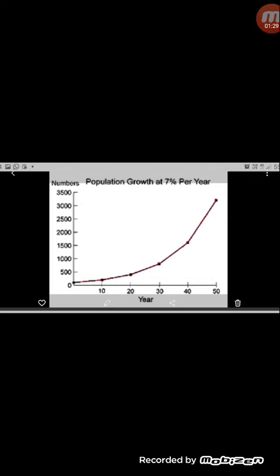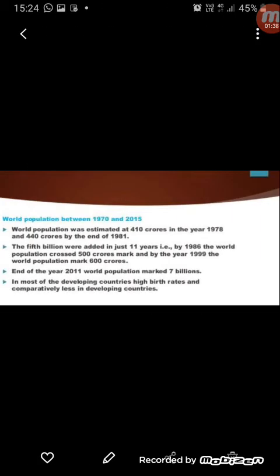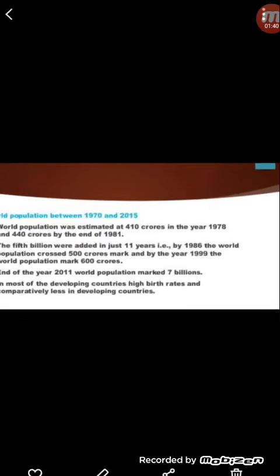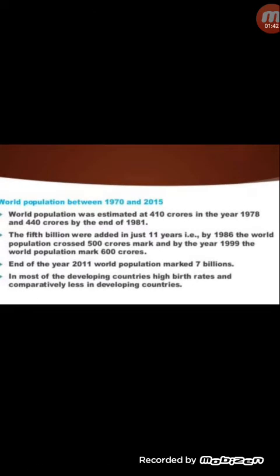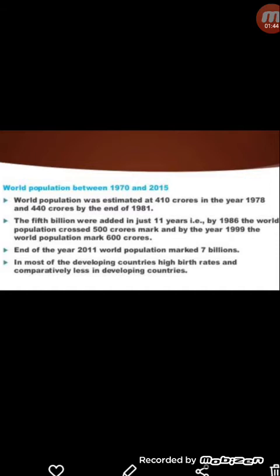Now, here in this graph, we can see there is a trend that the population is going high year after year. Now, next we move on to the world population between 1970 to 2015. World population was estimated at 410 crores in the year 1978 and 440 crores by the end of the year 1981.